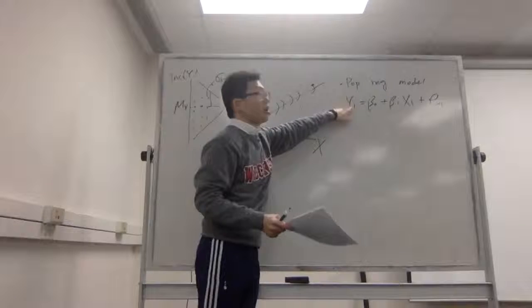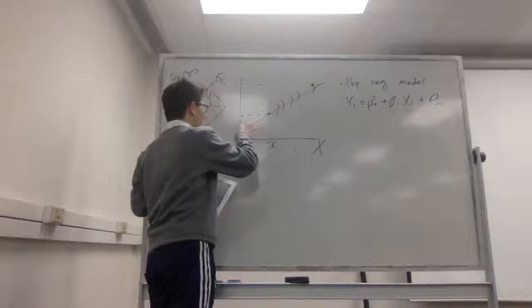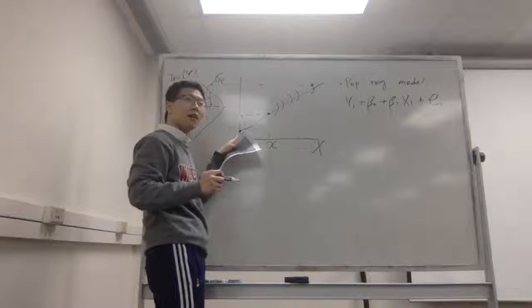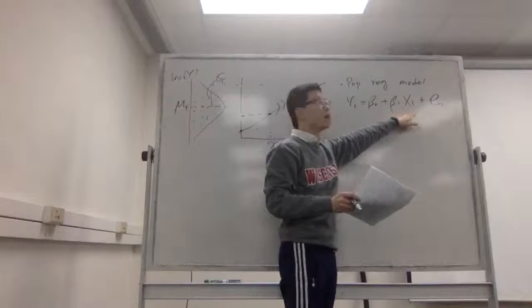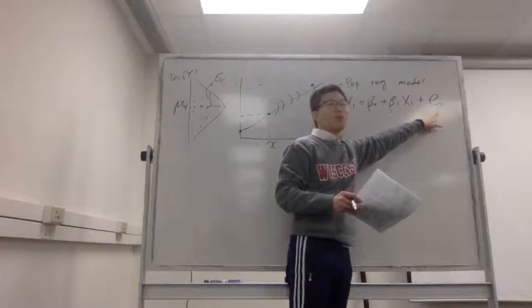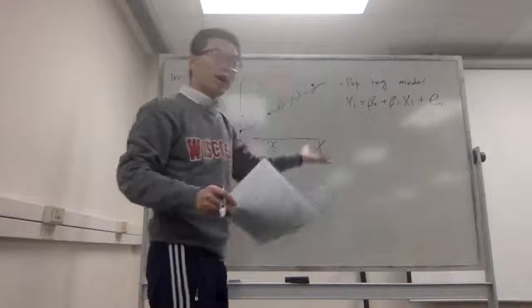The outcome right here is the linear combination of beta 0, or the intercept, and the slope multiplied by x, plus ei, or residual. Good. Or error.